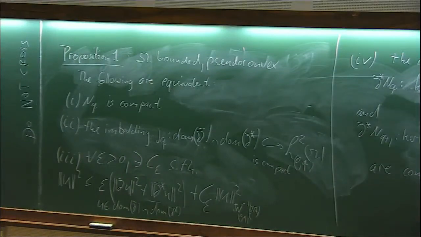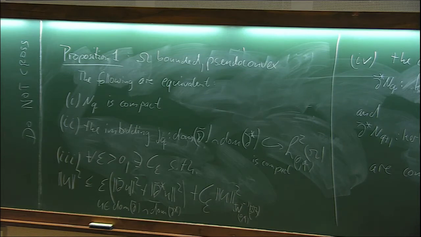we're going to use the second statement here with the Z_epsilon being the Sobolev norm W^-1, for all epsilon. The space X is going to be domain of d-bar intersect domain of d-bar star, with the embedding, and Y is going to be L2 0,q.